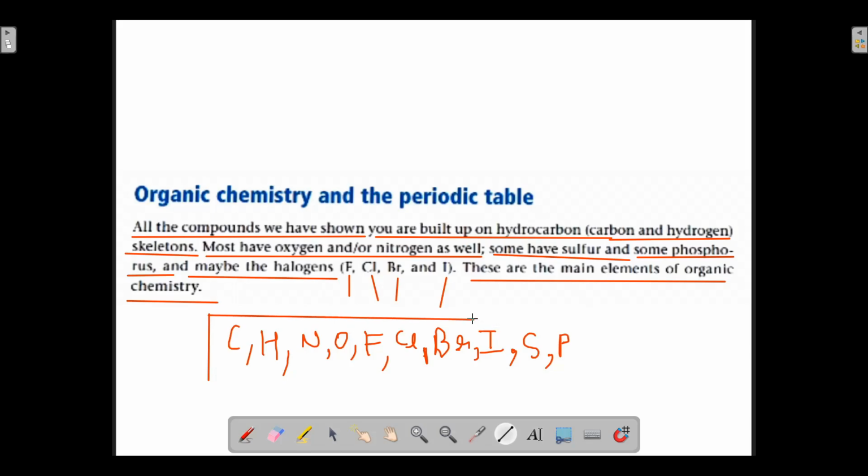When you study organic chemistry in detail later on, you will automatically come to know that these are the most commonly occurring elements. Carbon and hydrogen are the most common.